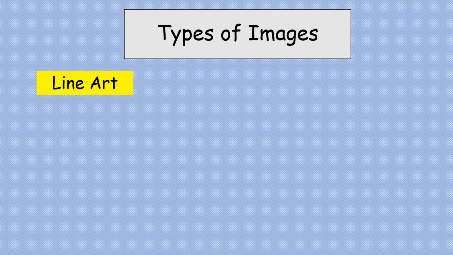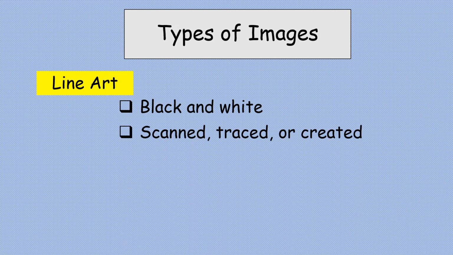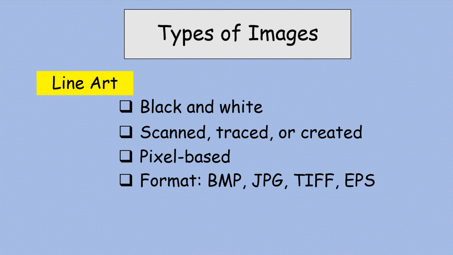Line art has two values, which are black and white. Line art images are scanned, traced, or created in such a way. They are pixel-based and can have a file format of BMP, JPG, TIFF, or EPS.